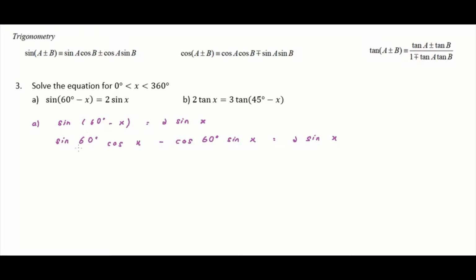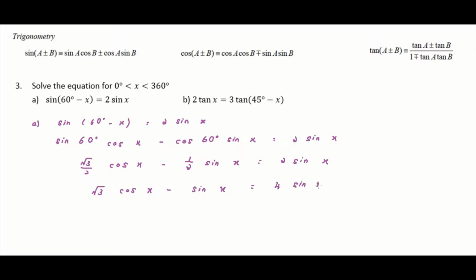Sine 60 is a special angle that you can straight away get the value, which is square root 3 over 2. And cos 60 is a special value as well, which is 1 over 2, then sine x, which gives you 2 sine x also. We can eliminate all the denominators by multiplying the whole equation by 2.